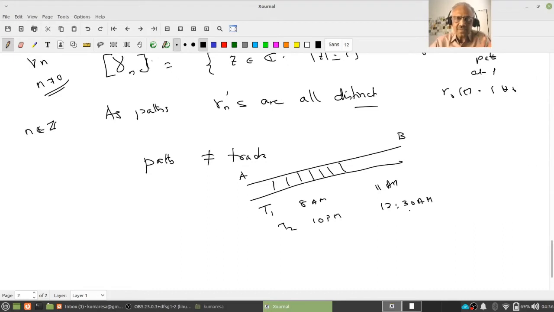The track is the same, but you cannot say I will take the track. You have to say which train you are going to take. So paths are like trains and tracks are the railway lines. Many trains may use the same railway line, but the trains are different, right? You cannot buy a ticket for a local train and get into a Rajdhani. Right, just for fun.